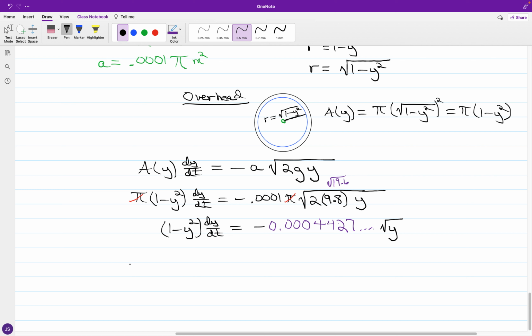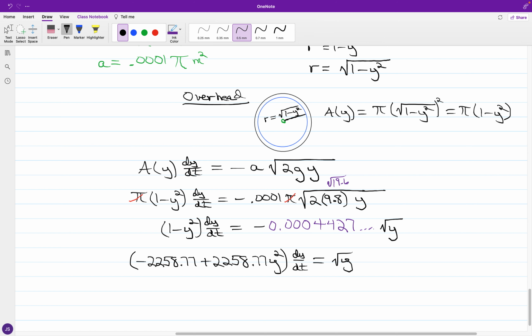So you have 1 divided by this, so you have about negative 2258.77, and a negative over a negative is going to be a positive, so you have plus 2258.77 y squared quantity. And we have dy over dt is equal to the square root of y, and separating the variables.